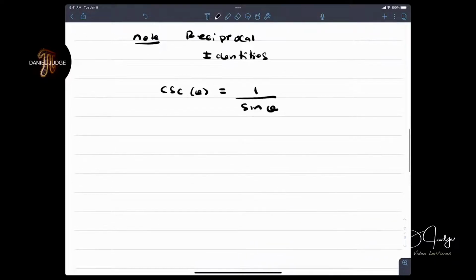Now, they call it an identity, but we gave it to you first as a definition. I gave you guys the definition that sine theta is equal to 1 over cosecant theta. It's the reciprocal.